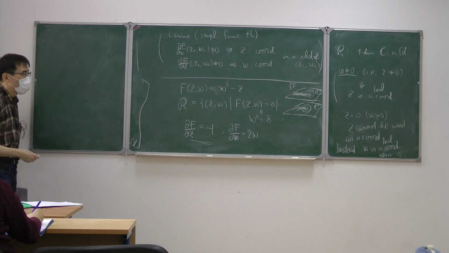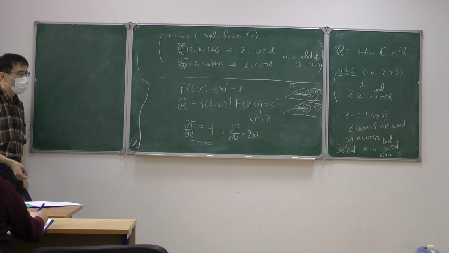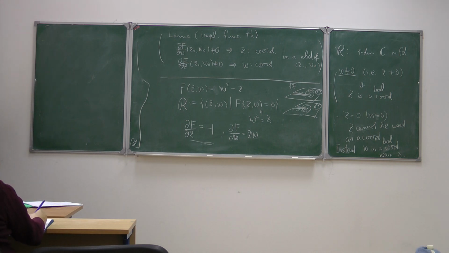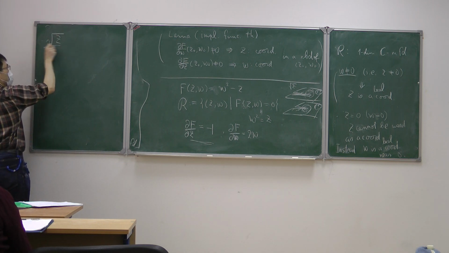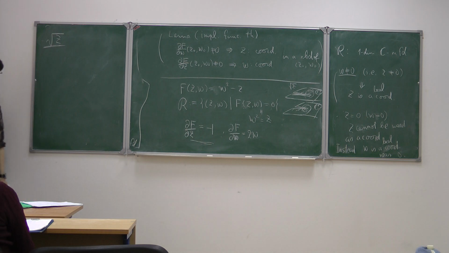So at this point, we cannot use z as a coordinate because here at the point 0 it coincides. And the reason why we wanted the Riemann surface is that we want a reasonably convenient definition of the square root.